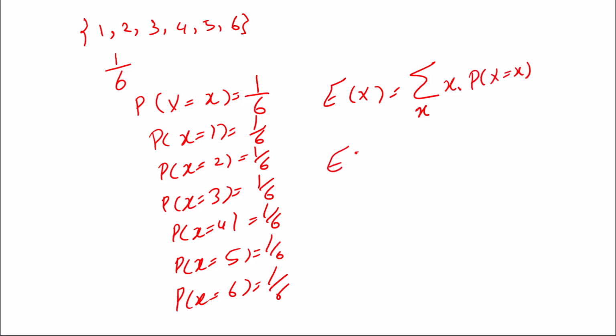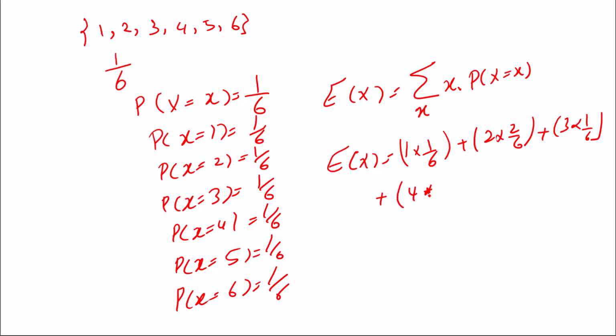So E[X] is equal to 1 multiply 1 by 6 plus 2 multiply 1 by 6 plus 3 multiply 1 by 6 plus 4 multiply 1 by 6 plus 5 multiply 1 by 6 plus 6 multiply 1 by 6, right?